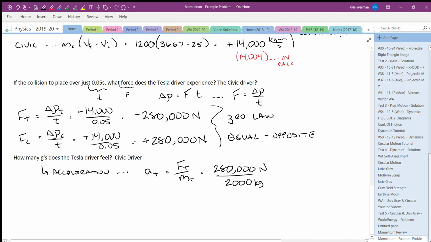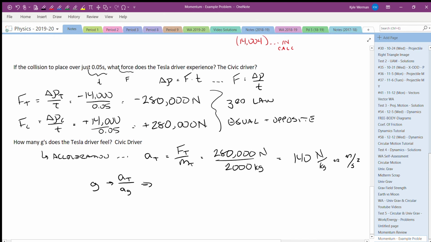So if I divide 280,000 divided by 2,000, I get 140 newtons per kilogram, or meters per second squared. Now, comparing that to gravity, a G, if I want G's, I just take the actual acceleration and divide it by the acceleration due to gravity.